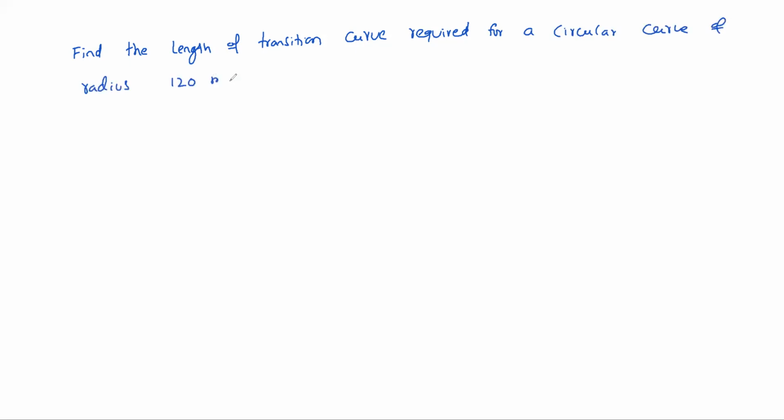Find the length of transition curve required for a circular curve of radius 120 meters in steep terrain. Use IRC code formula.